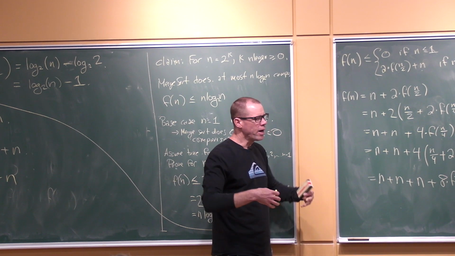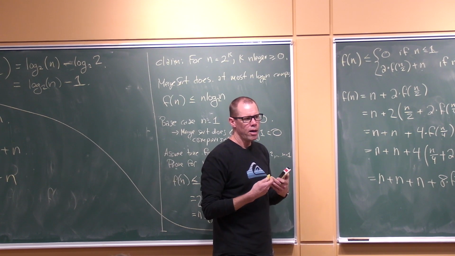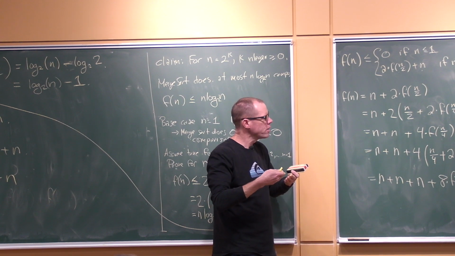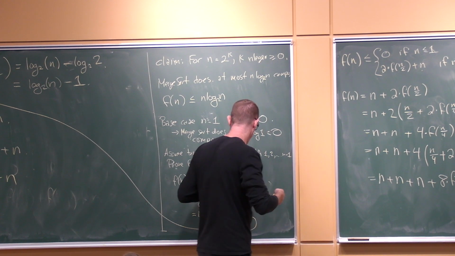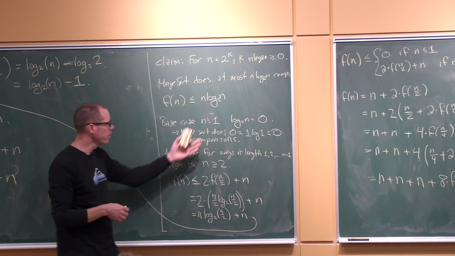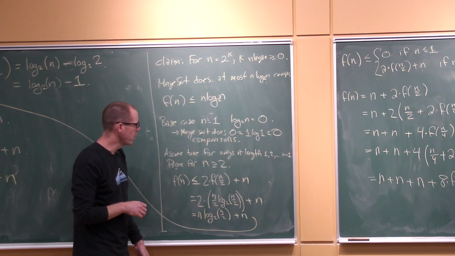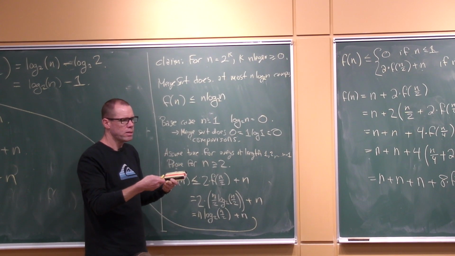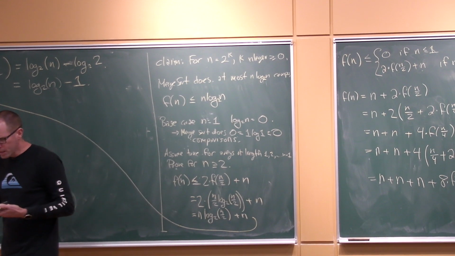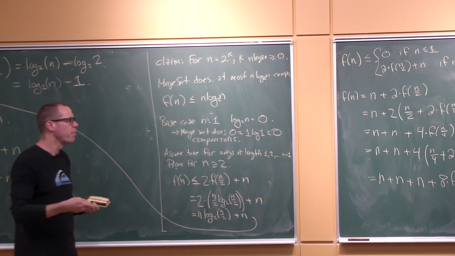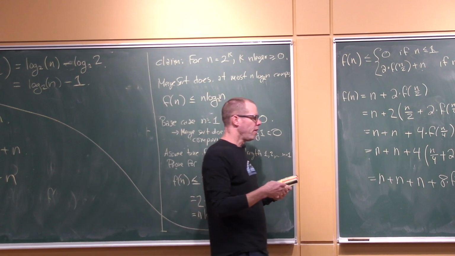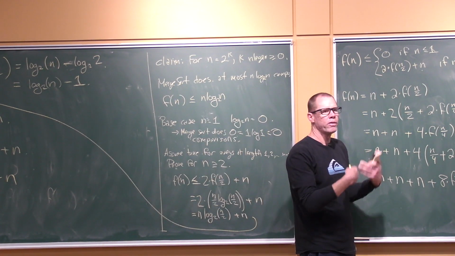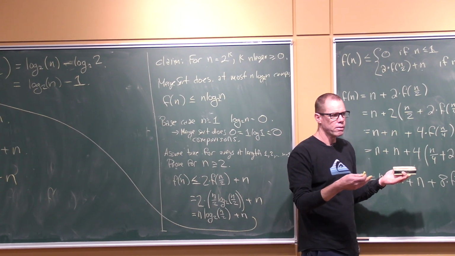But then it has to merge those two things together. And the number of comparisons that it does, or at least that it can do, is just the length of those two lists that it's putting together. So the number of comparisons is as much as the work that went into creating those two lists.